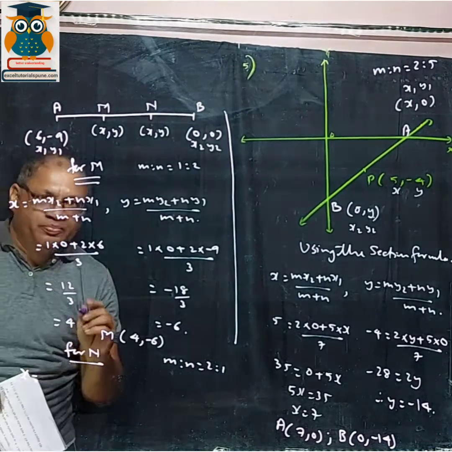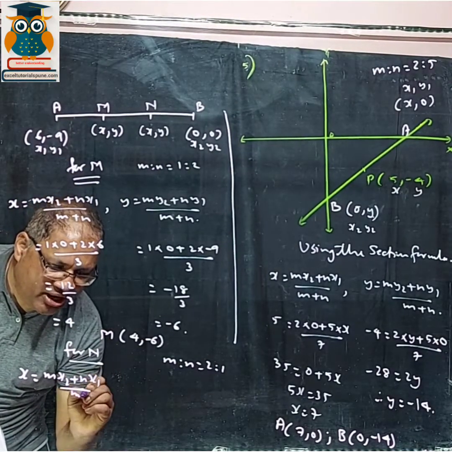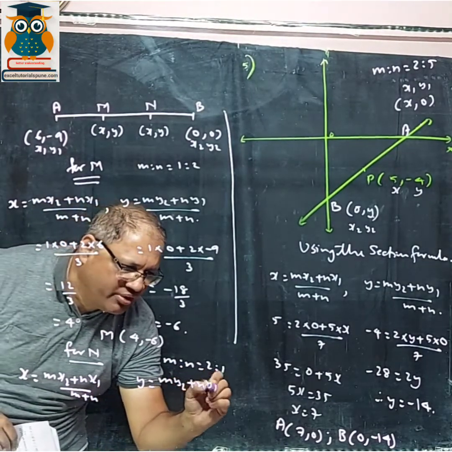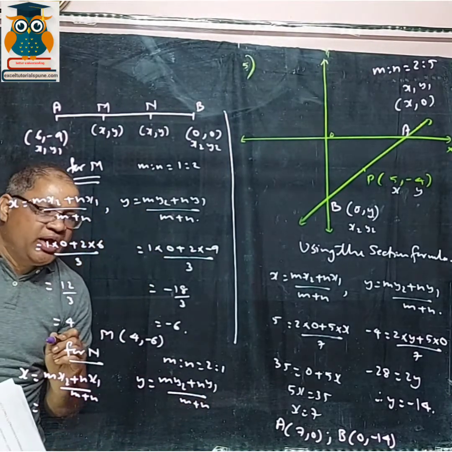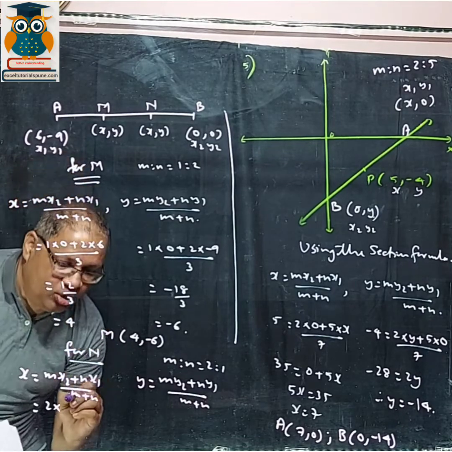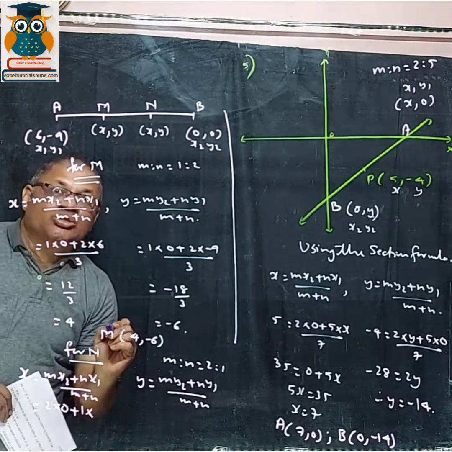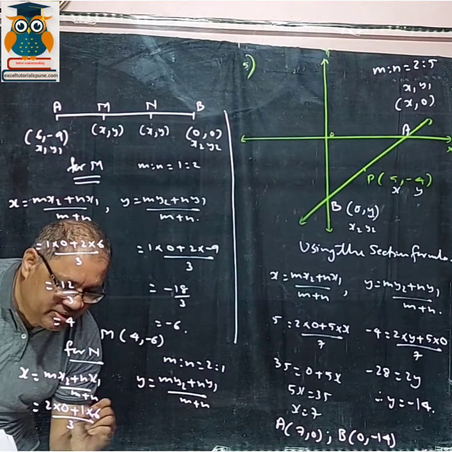X is equal to mx2 plus nx1 upon m plus n. Y is equal to my2 plus ny1 upon m plus n. Substitute the values. M is 2, x2 is 0, plus n is 1, into x1 is 6 upon m plus n, that is 3.